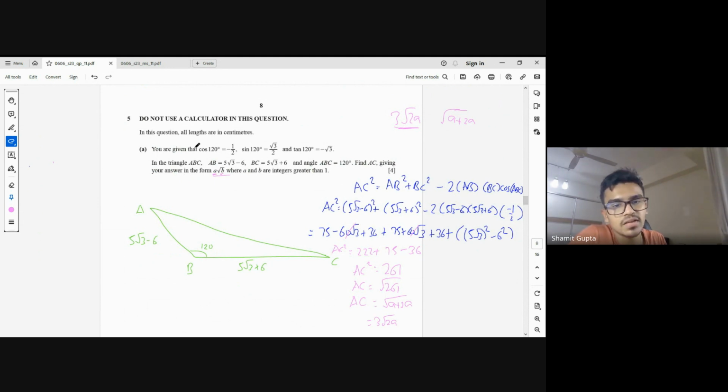They said don't use a calculator, but we can use a calculator to cross check. Let me find the value of this using my calculator. I should get 261, not root 261, because this is AC square. If I get 261, it means I have done it correctly.